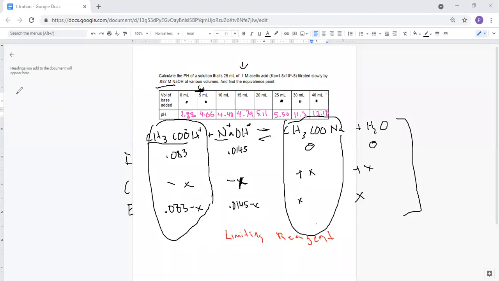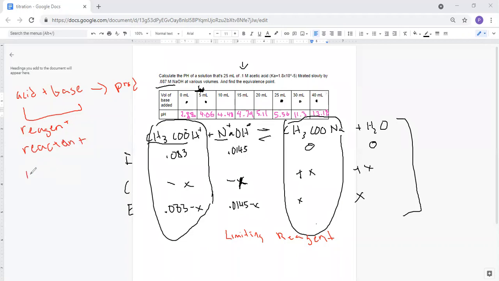When you have a reaction, you have an acid plus a base, or a bunch of materials reacting with each other. These materials are going to make products. So they're reagents or reactants. Sometimes you'll hear limiting reactants, sometimes you'll hear limiting reagents.